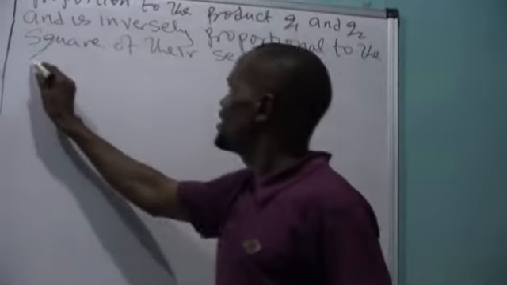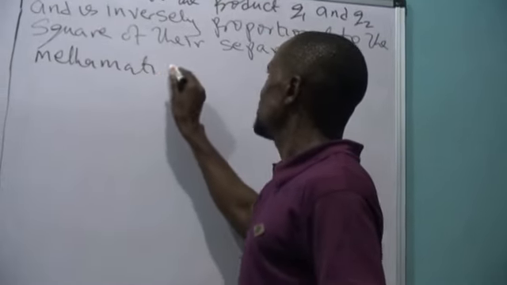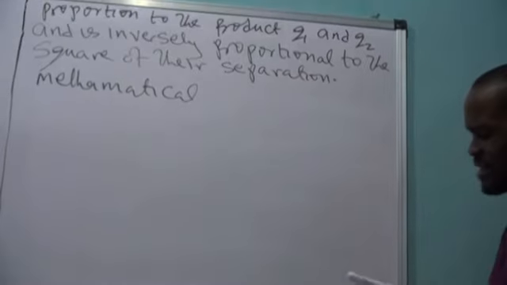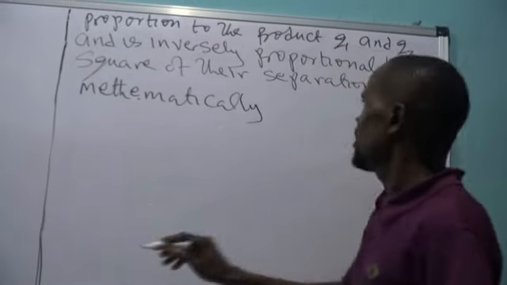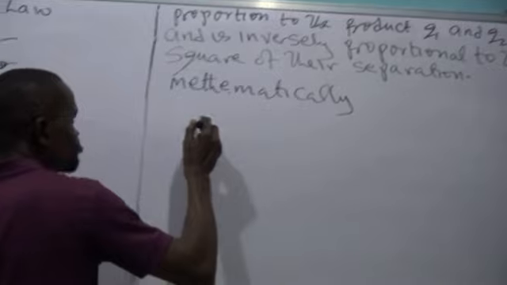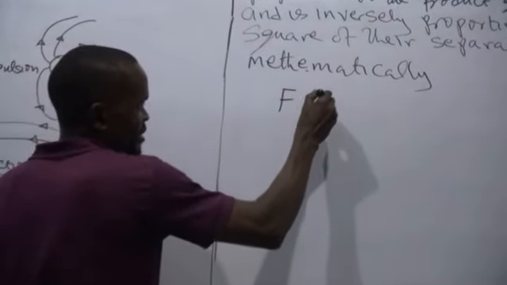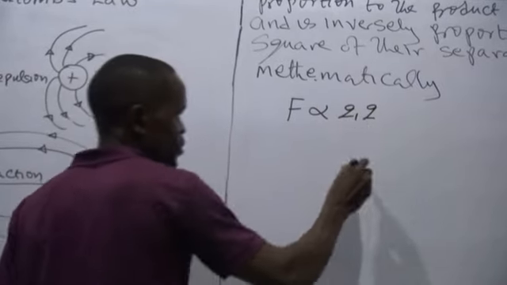Then mathematically, we have that F is directly proportional to Q1, Q2.